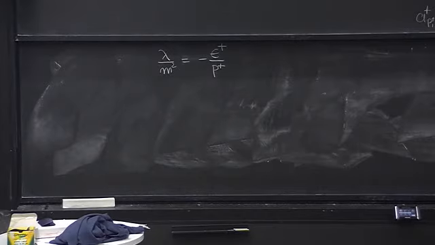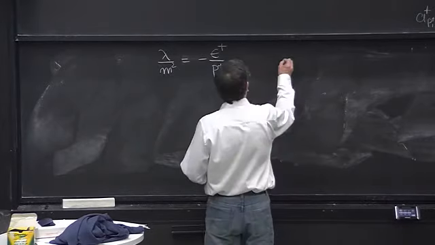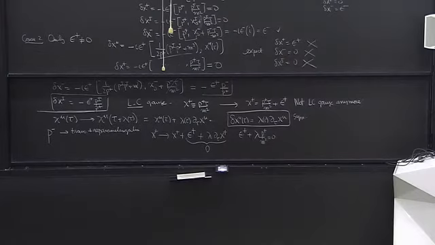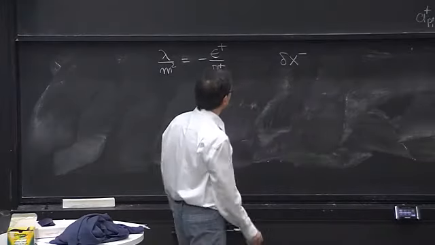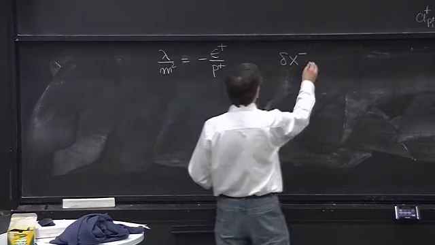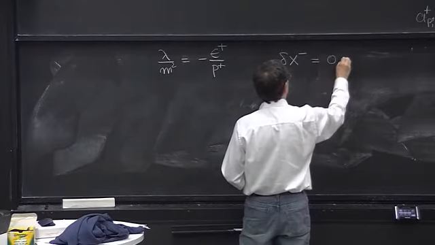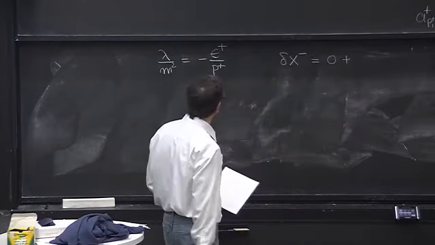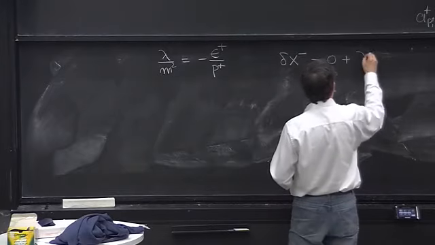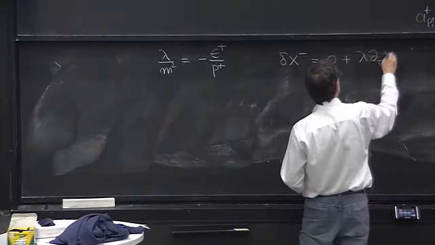Correct. So then, if this is true, what should have been the transformation of x⁻? Well, it doesn't translate it, so it should be 0, but it should still reparameterize x⁻, so it should be λ ∂_τ x⁻.